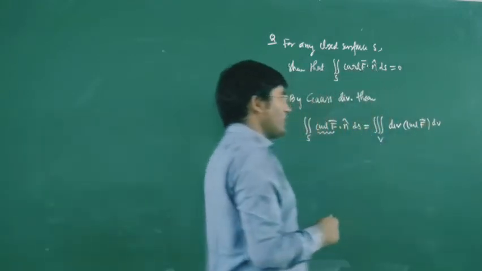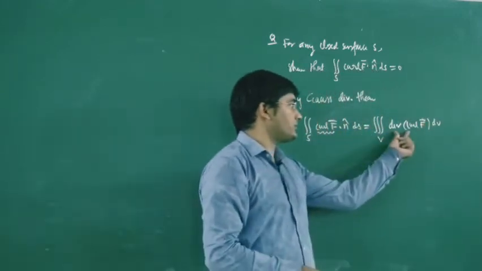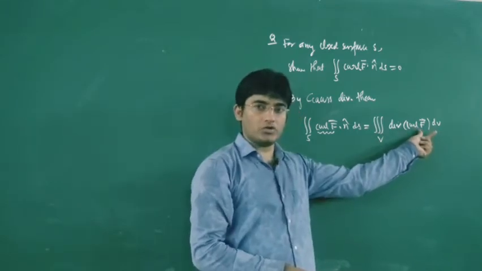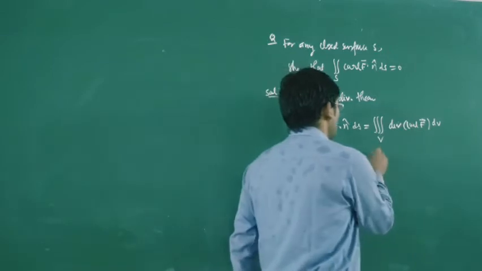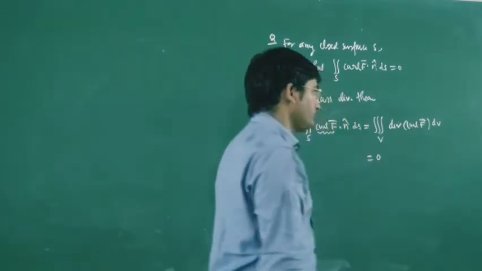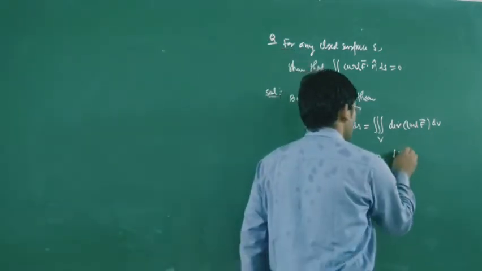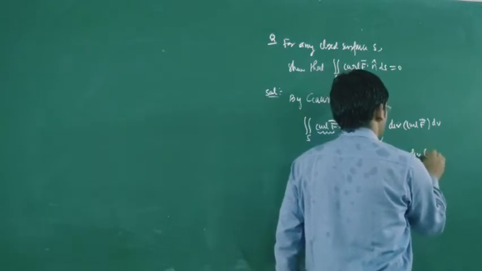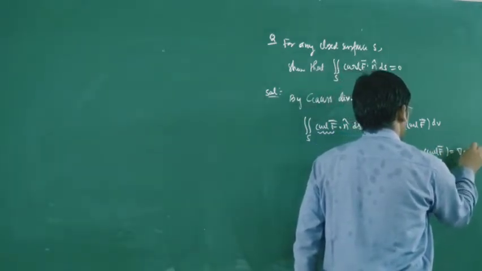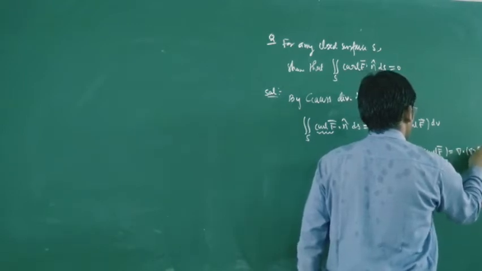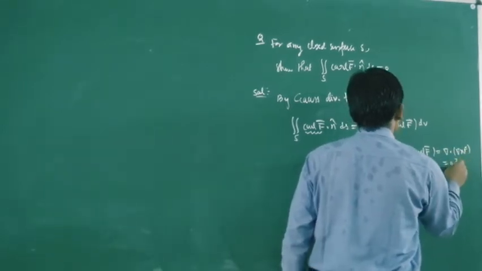Now, in my vector calculus lecture, I have given you the proof that divergence of curl of f equal to 0. So, this is equal to 0, because divergence of curl f is equal to del dot curl f, and this is equal to 0.